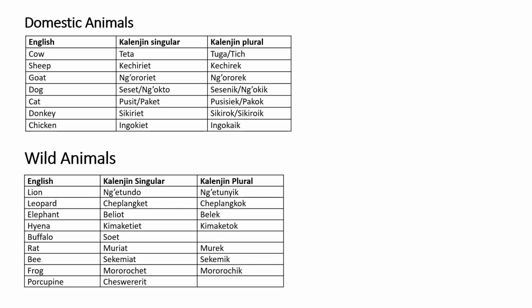Dog, seset, or in other dialects they call it ngokta. In plural is sesenik or ngogik. Cat, pusit. In the dialect of Kipsigis, it's called paget. In plural is pusishek or pagok.